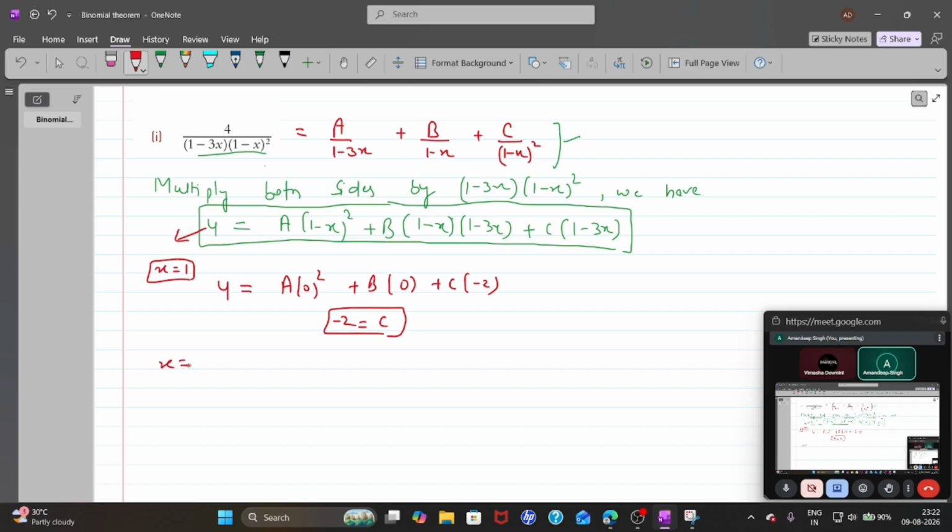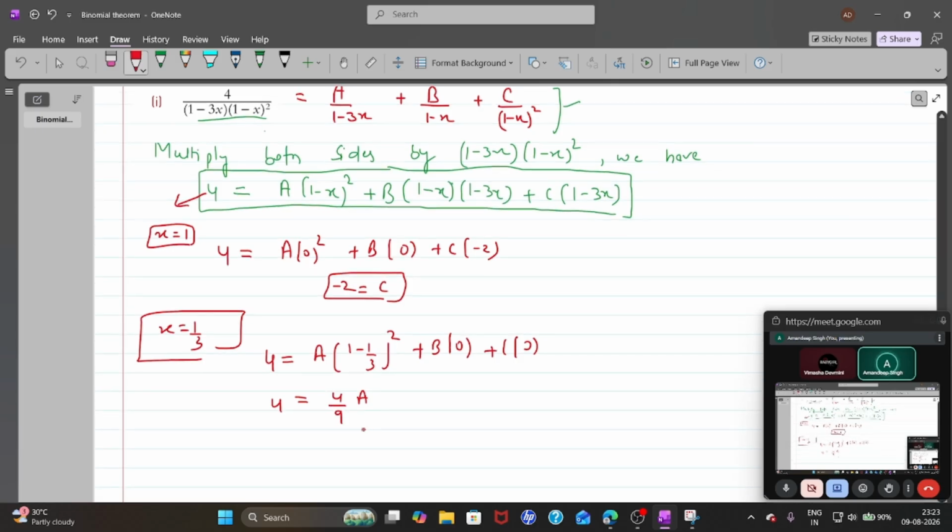If I put x is equal to 1 by 3, then I will have 4 is equal to a times 1 minus 1 by 3 square, b times 0, and c times 0. So then I'm left with 4 is equal to 4 upon 9 a, and a is equal to 9, right?